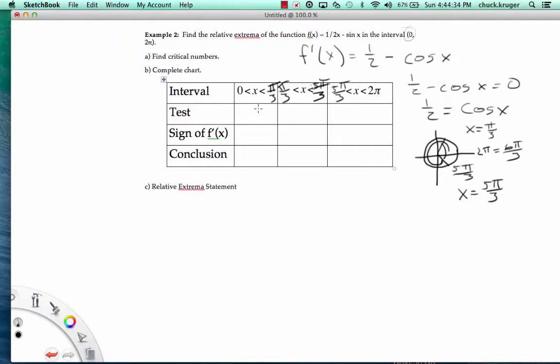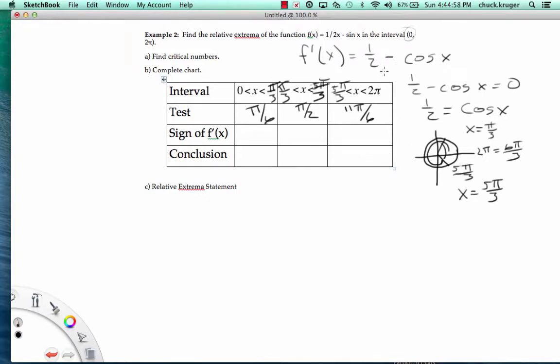And I'm going to test some points between each of these. I could choose pi over 6. I can choose pi over 2. And what would be good? 11 pi over 6, I think, would be good. That would fit in there.